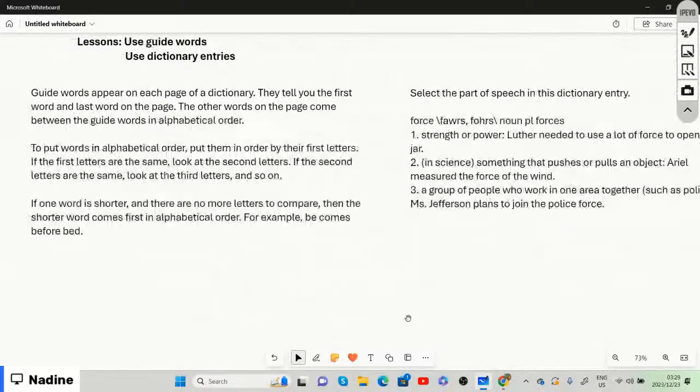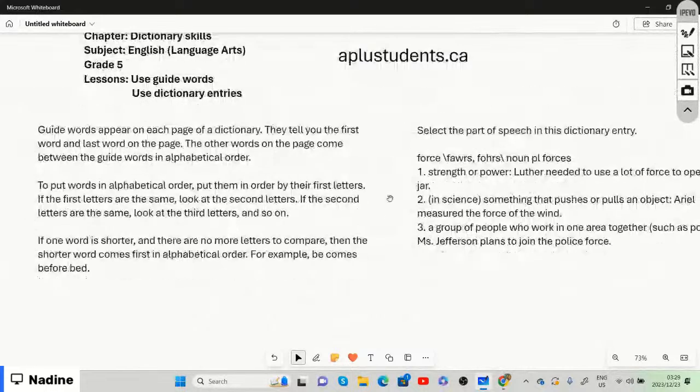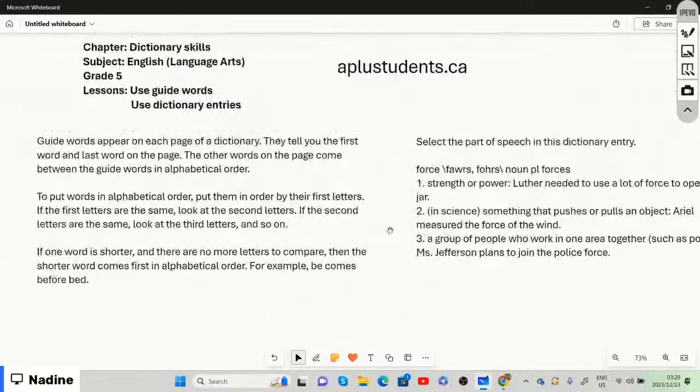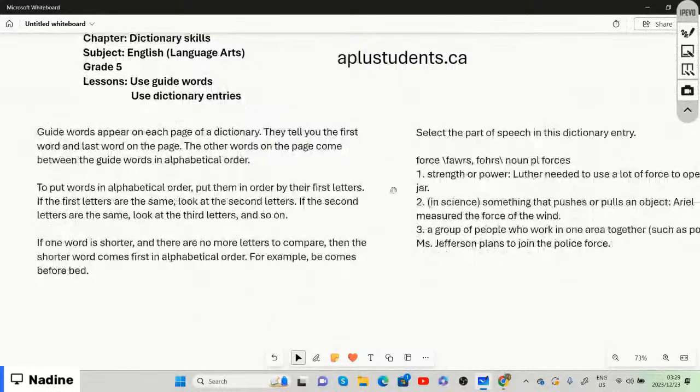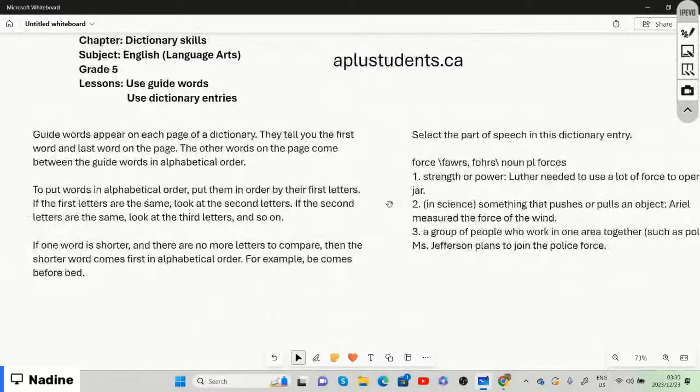But most importantly, if we now sum up dictionary skills, dictionaries guide us, right?